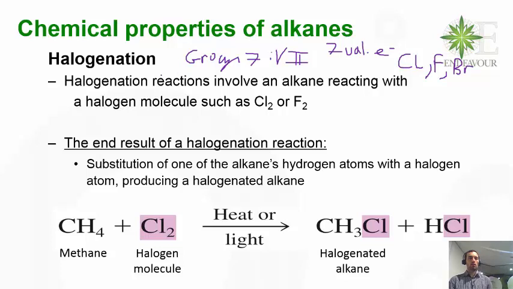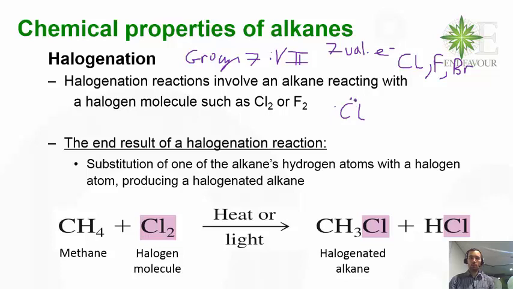So a halogenation reaction occurs when an alkane is going to be reacting with a molecule of the halogen. So halogens are often seen in pairs like this, Cl2, because of the way their electrons are arranged.